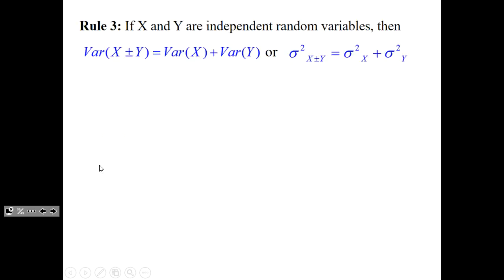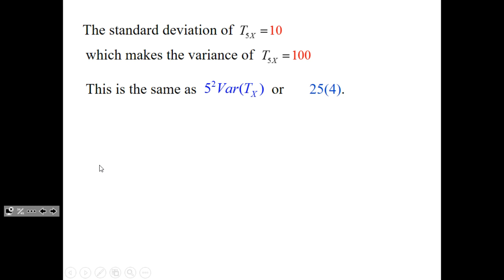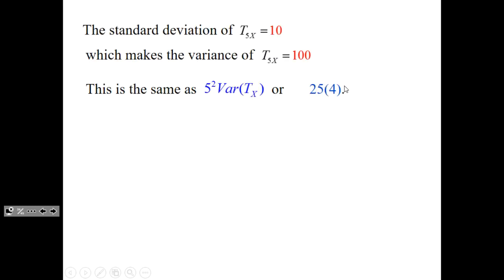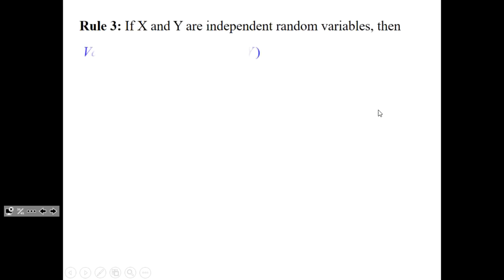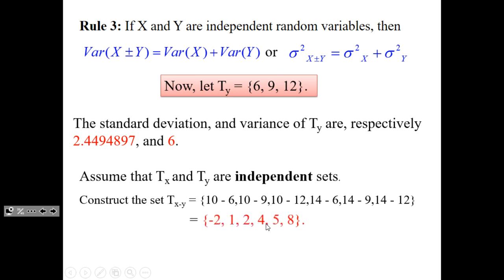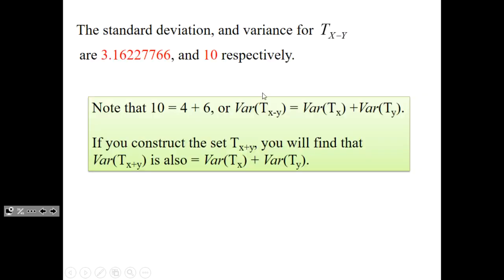A little tough there. Let's go back again. Our original variance for t of x was 4. That's our value right over here. 25 times 4, that was our variance. We combined them, and even though we subtracted with these values, the variance of them combined still turned into 10. And we can even verify that.